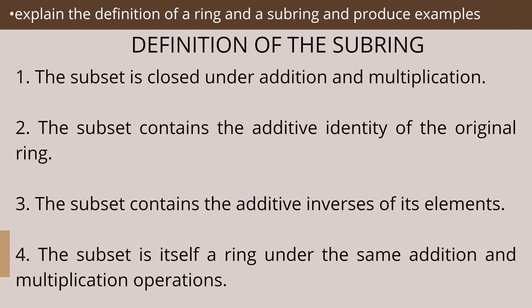First, the subset is closed under addition and multiplication. Second, the subset contains the additive identity of the original ring. Third, the subset contains the additive inverses of its elements. And lastly, the subset is itself a ring under the same addition and multiplication operations.